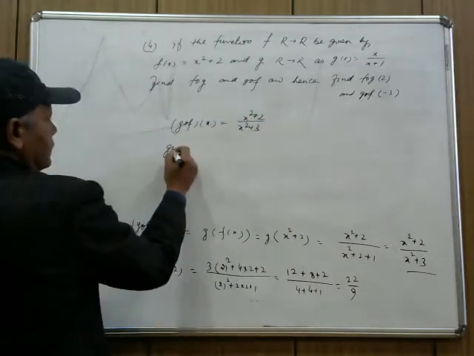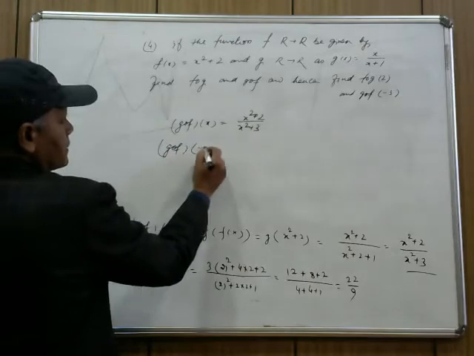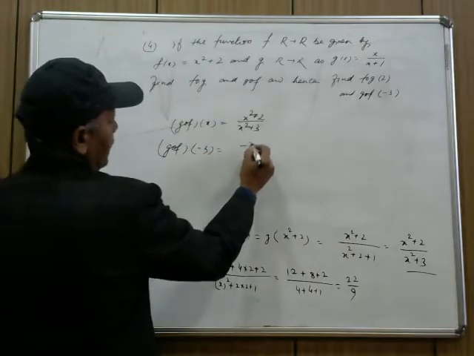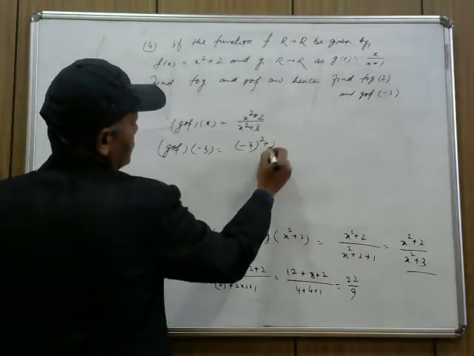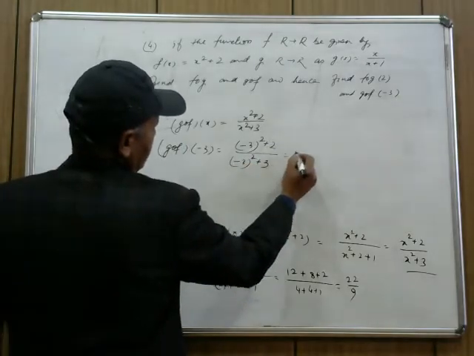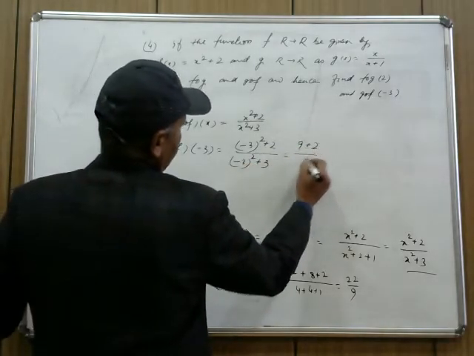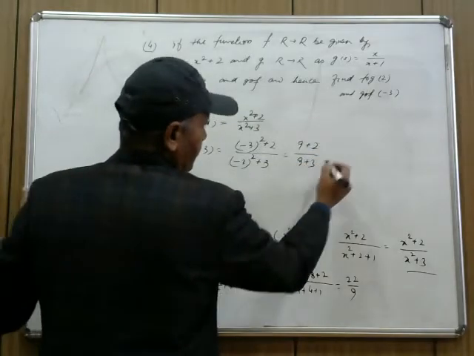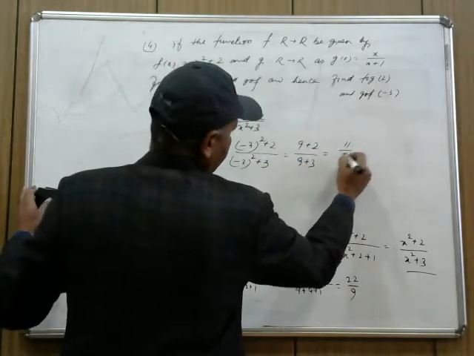Now g of f of minus 3 is equal to minus 3 whole square plus 2 upon minus 3 whole square plus 3. That is 9 plus 2 upon 9 plus 3, that is 11 by 12.